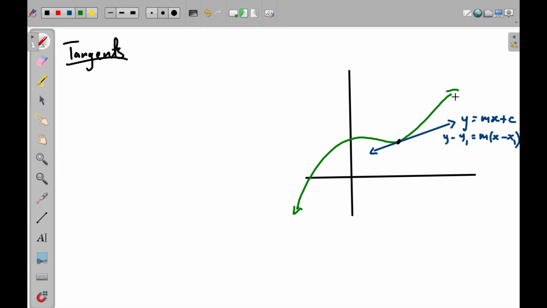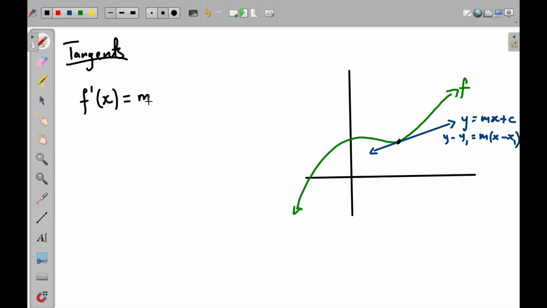Then we've got, and I keep showing these arrows to show you that this graph goes on and on, let's call this one f. The tangent, we said, is y equals mx plus c. Now, remember what we said about the gradient. When we started talking about this concept of calculus, we said the power of calculus, in particular this first derivative, is that the first derivative actually represents the gradient.